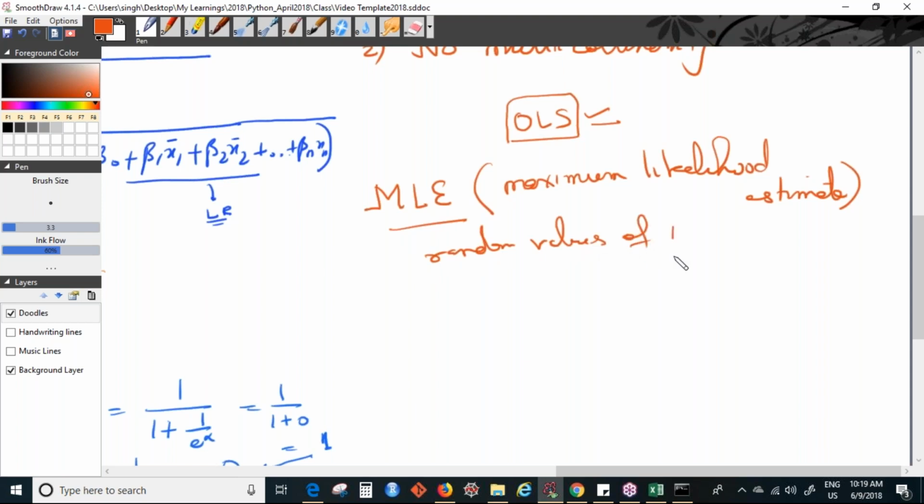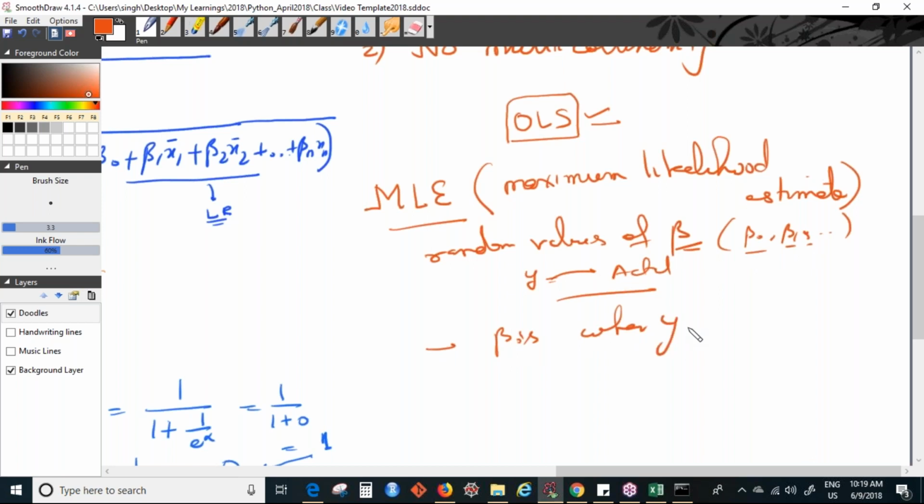It will take random beta naught, beta 1 and so on. Then it will check whatever y you are getting, is it matching with the actual? If it is not matching, it will change the values of beta and repeat. Finally it will come up with the betas when y is closest to actual. So this is how it finds the coefficients, the betas, by using maximum likelihood estimate.